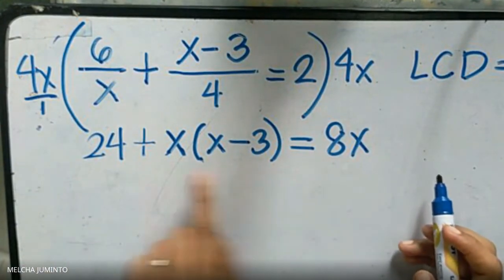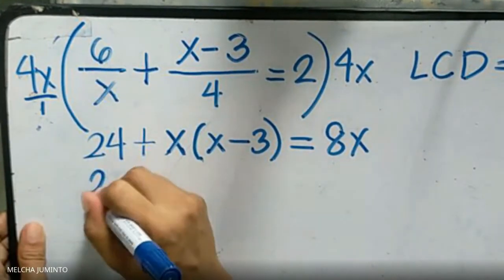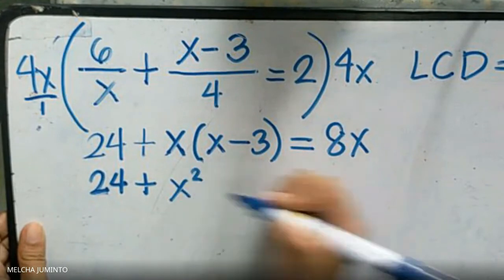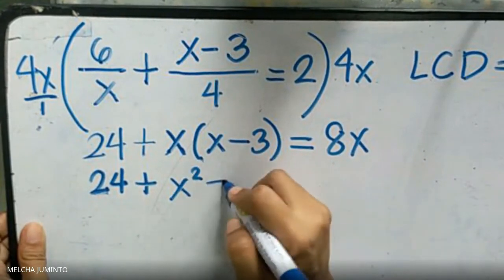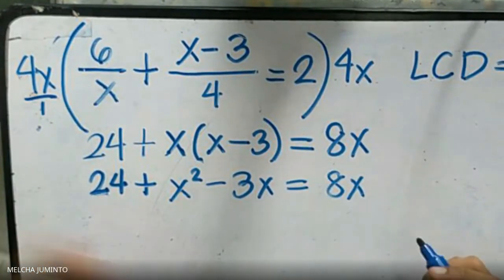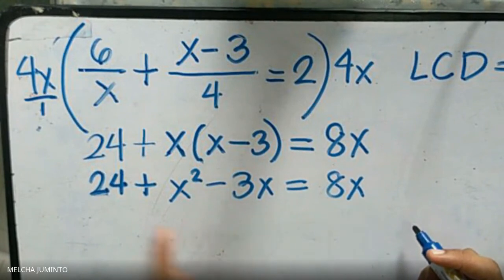Continue the solution by distributing x. We just copy 24. We distribute x times x squared. X times negative 3x equals 8x. Now, we transfer 8x from this side, from the right to the left.